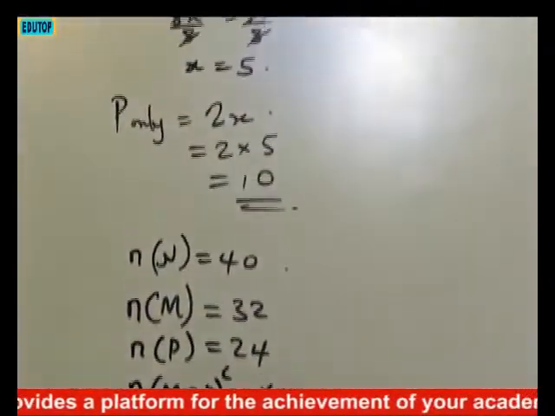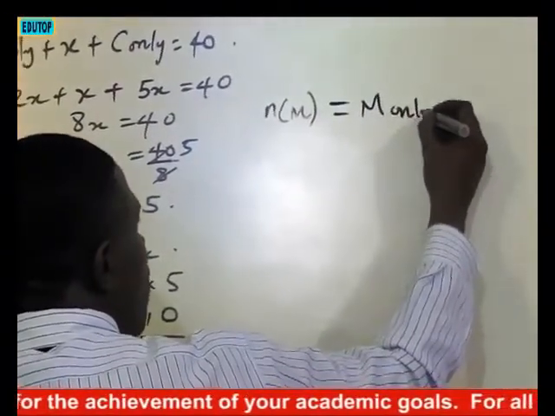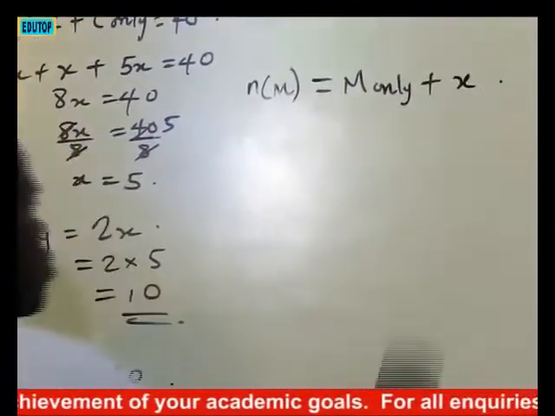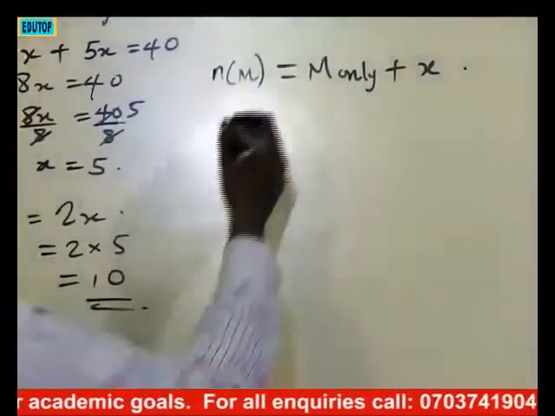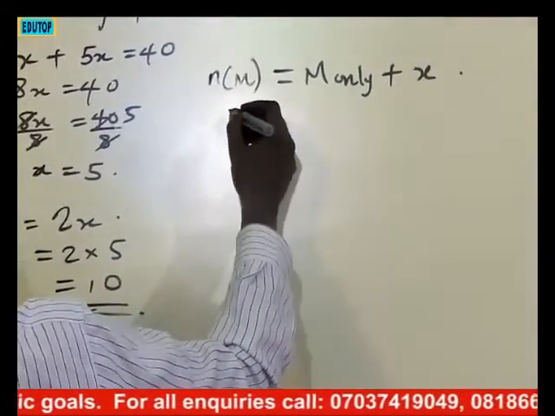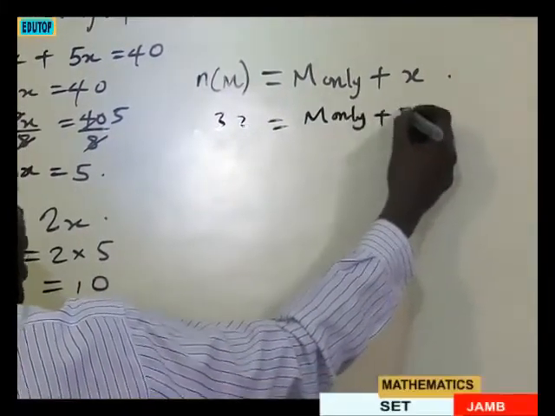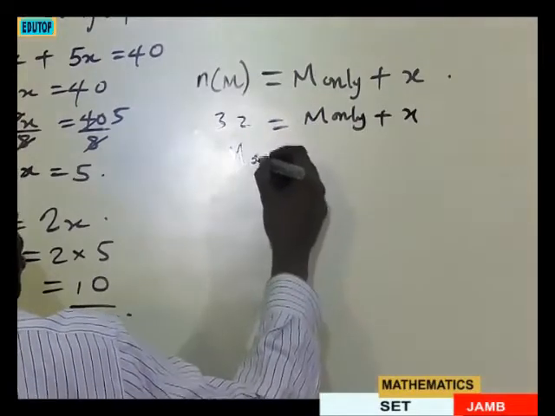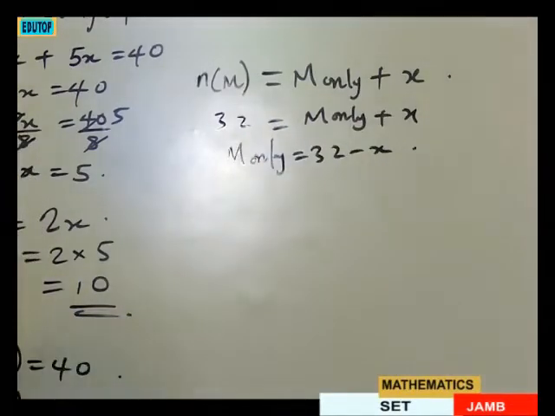Number of mathematics will definitely be mathematics only plus both subjects. Then what is the number of mathematics? That is 32 equals M only plus X. So M only will definitely be 32 minus X.